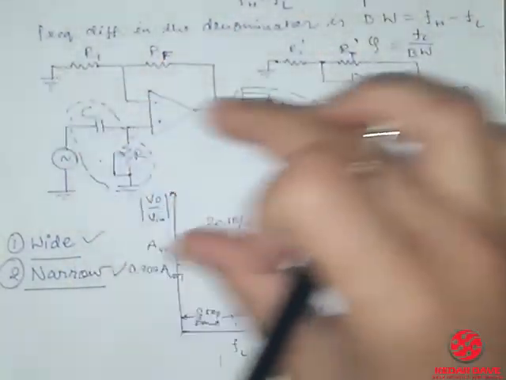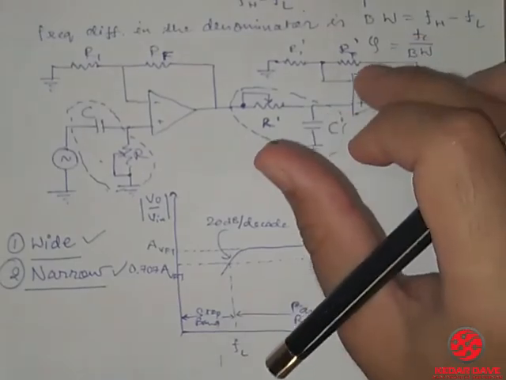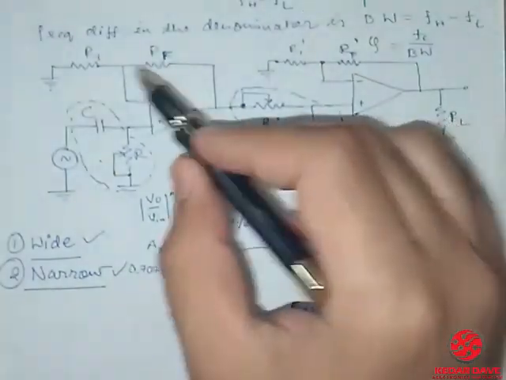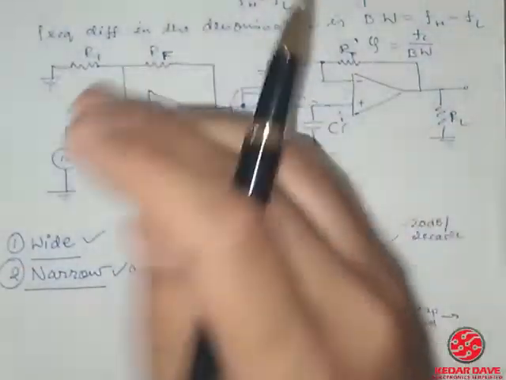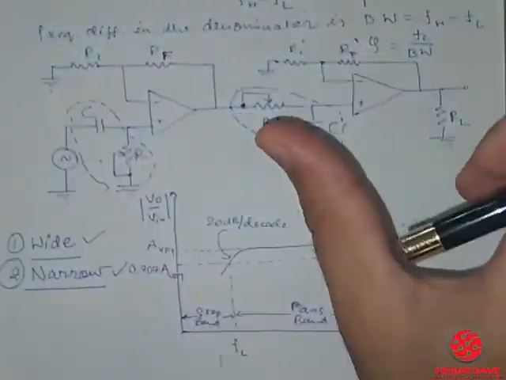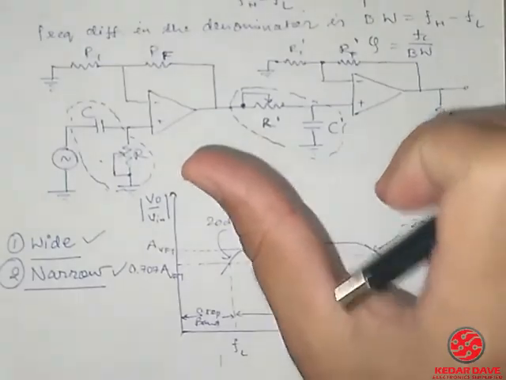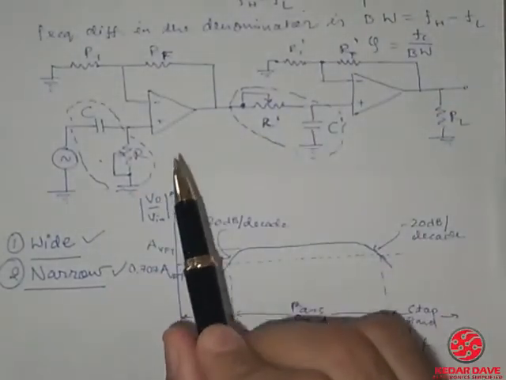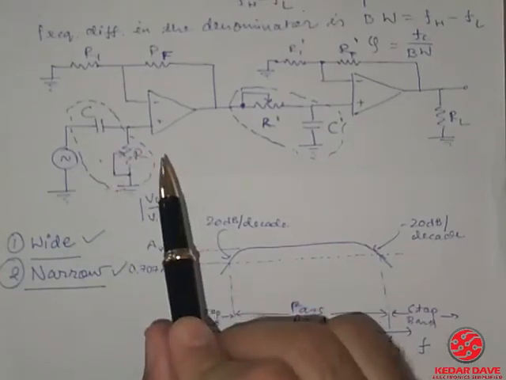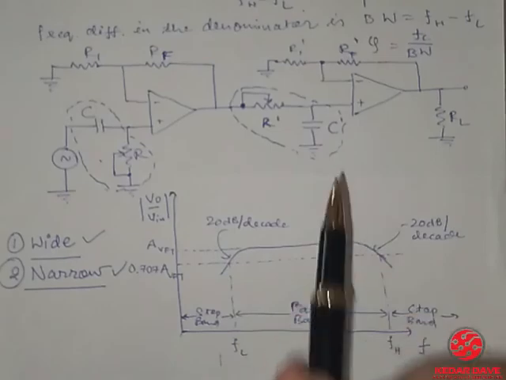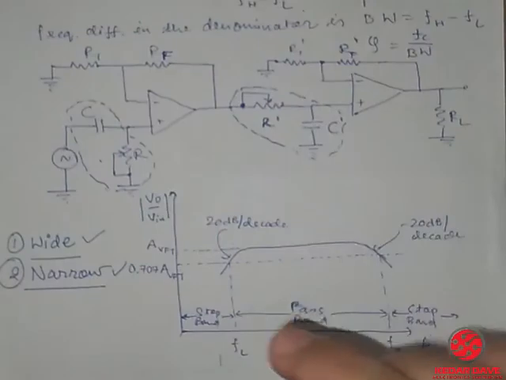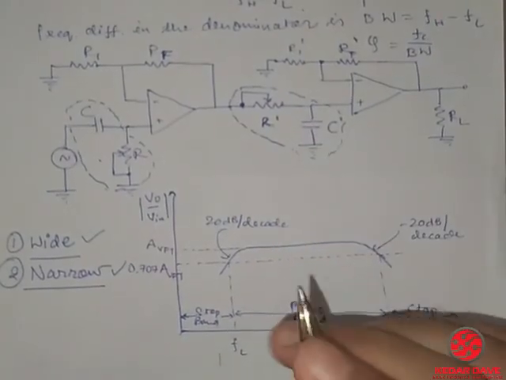If it is done this way, then no output will be shown at the output terminal. So whenever we design a band pass filter, we first apply the high pass filter at the first stage and then the low pass filter at the second stage. We can also understand it this way: the high pass filter output is always given to the low pass filter. This way a filter can be designed for the band pass.